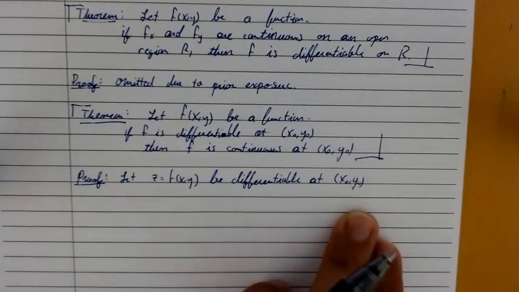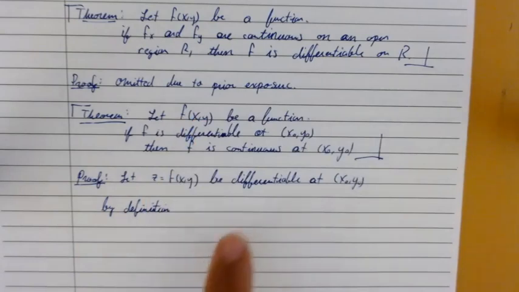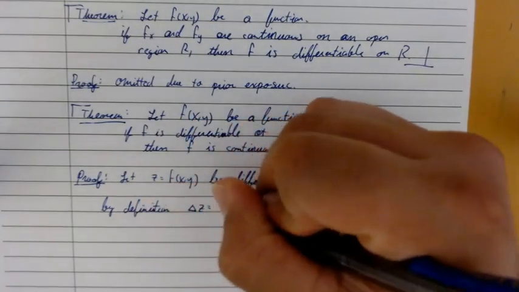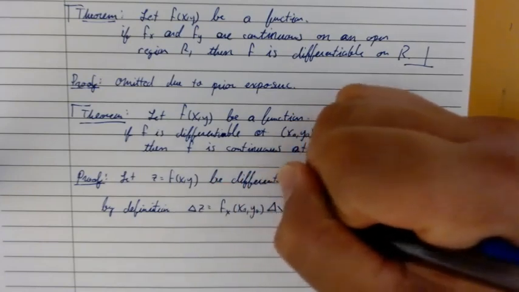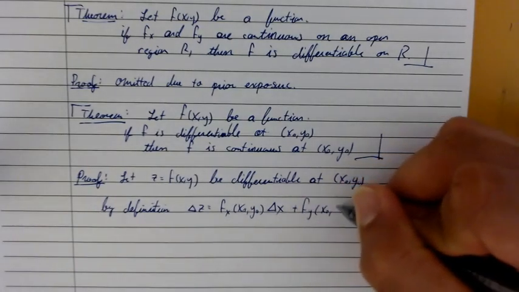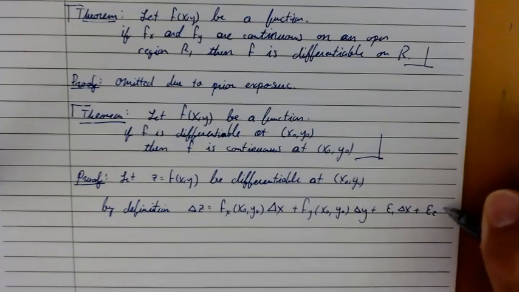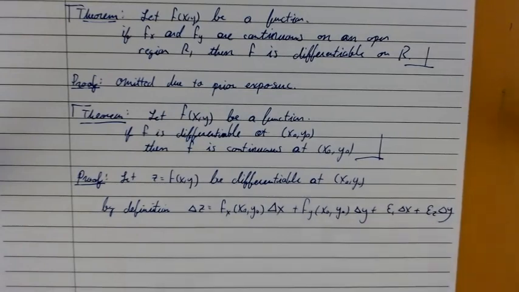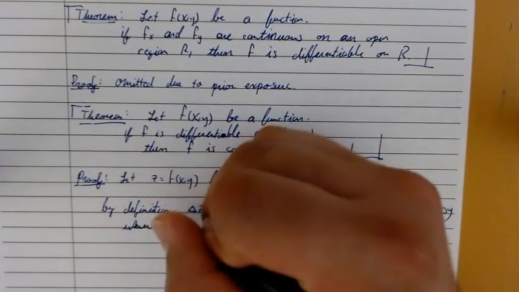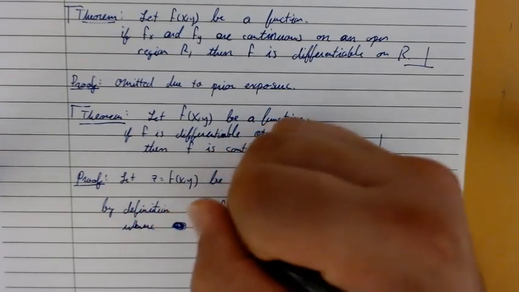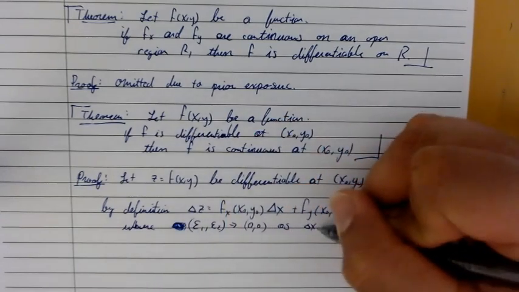Because it's differentiable, by the definition of differentiability, delta z is equal to f sub x at x naught comma y naught times delta x plus f sub y at x naught comma y naught times delta y plus epsilon 1 delta x plus epsilon 2 delta y, where epsilon 1 and epsilon 2 approach 0 as delta x and delta y approach 0.